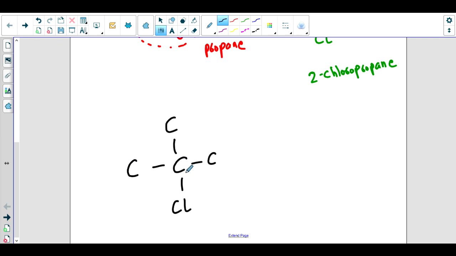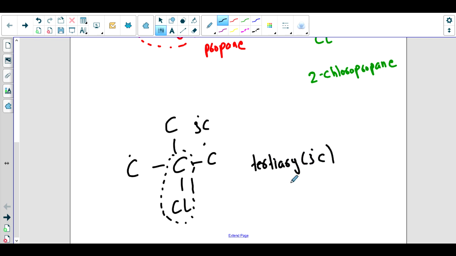So now this carbon with the functional group is with three carbons, 1, 2 and 3. This is a 3-degree carbon. So this compound is now classified as tertiary, which is 3-degree.